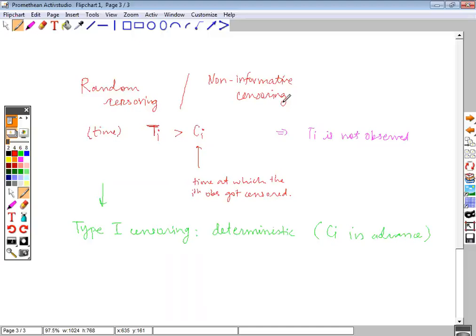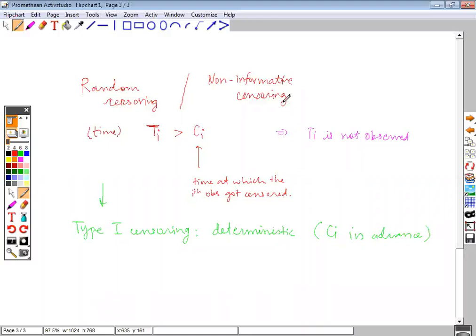That is why these are non-informative censoring. And if it affects, which was the kind of case in our Native Americans and the immigrants study, that kind of censoring will be informative censoring, because a particular specific type and nature of people is dictating the censoring that is happening in the study. So that is an example of informative censoring.